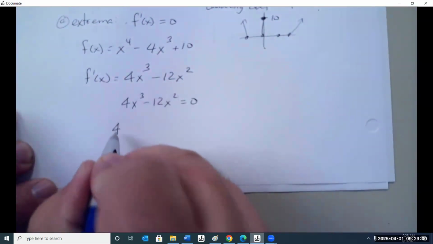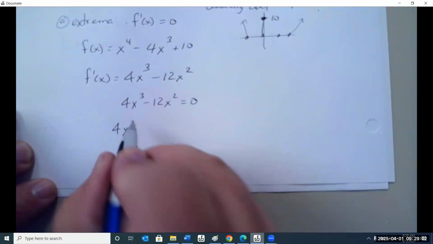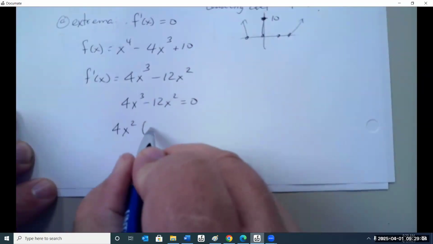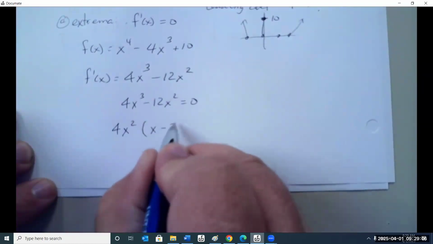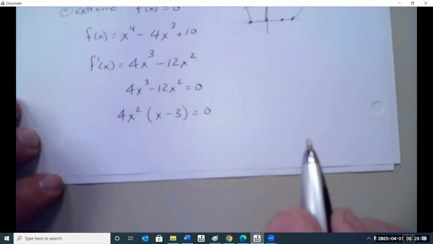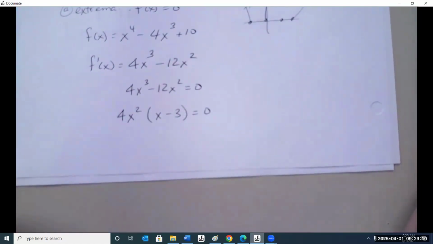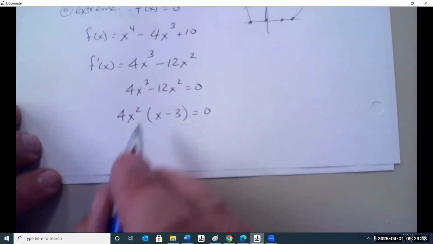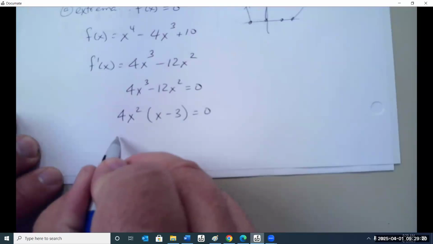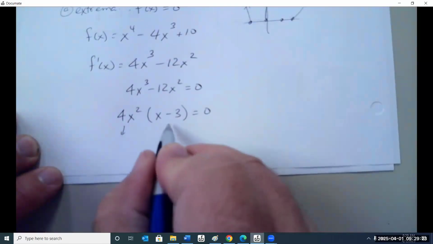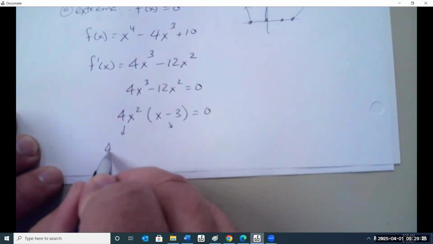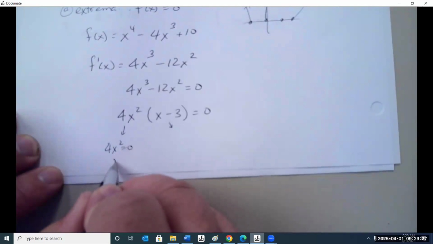So we can factor out a 4x squared times (x minus 3). Find our zeros. Take this equation and this equation, set them equal to 0.